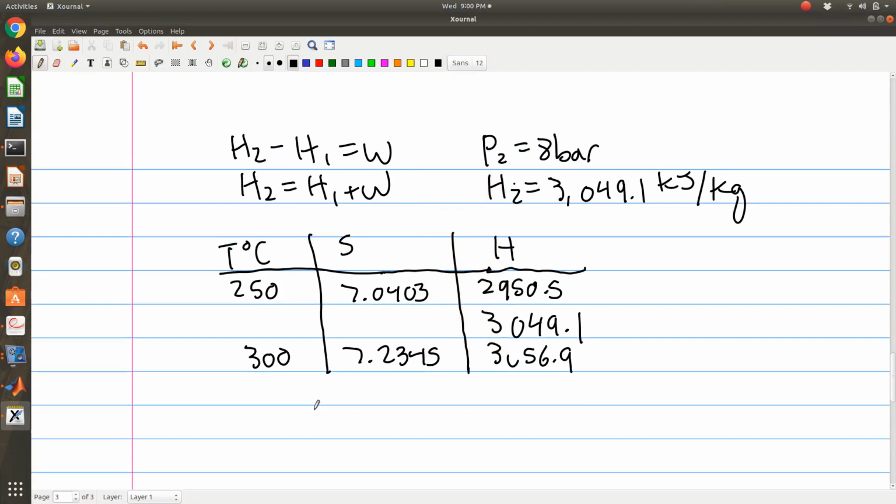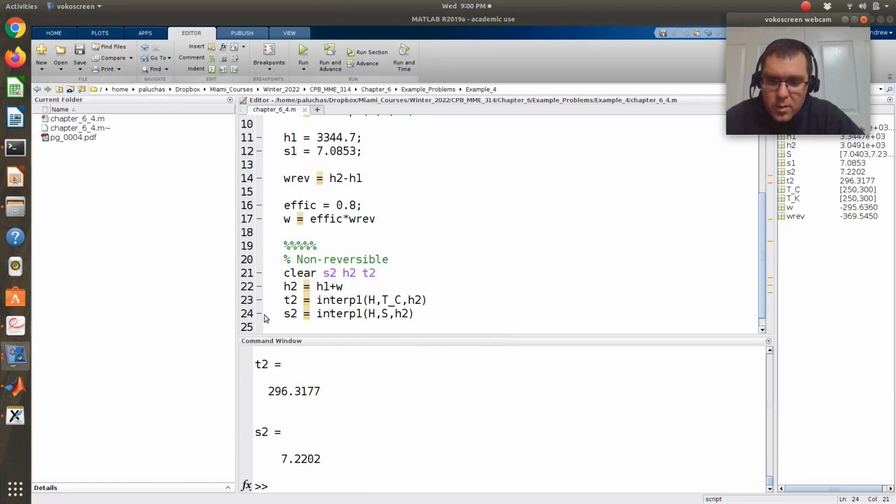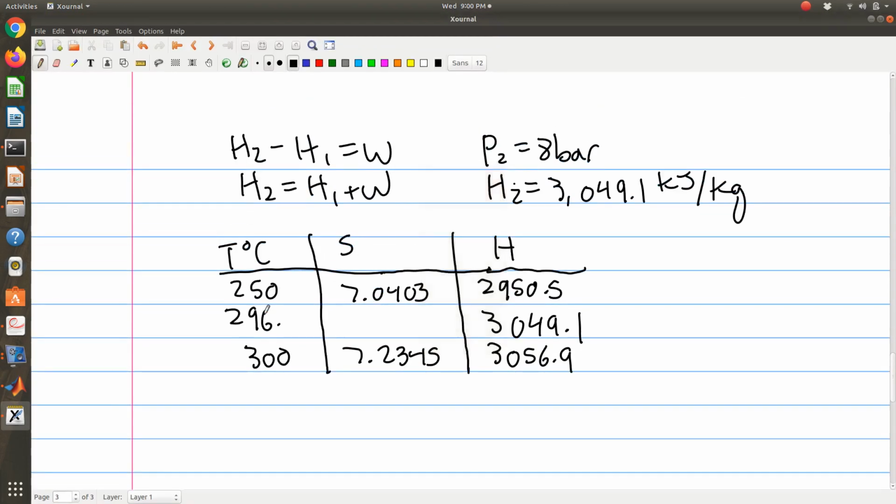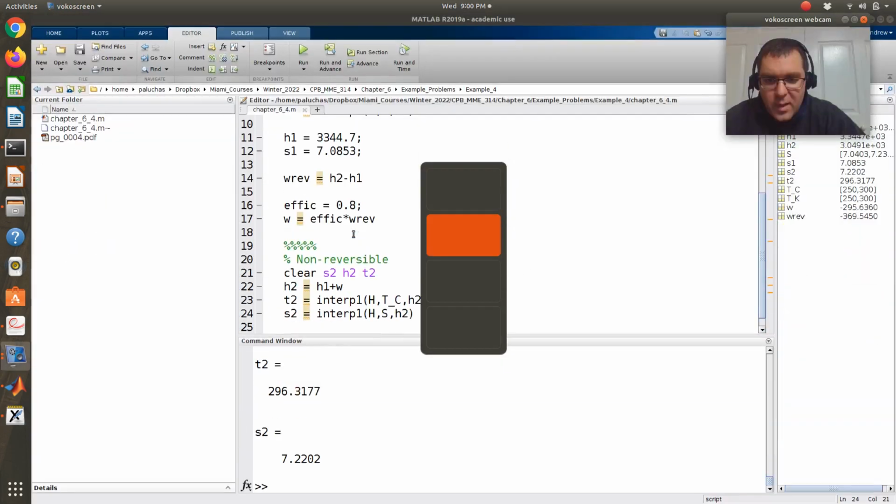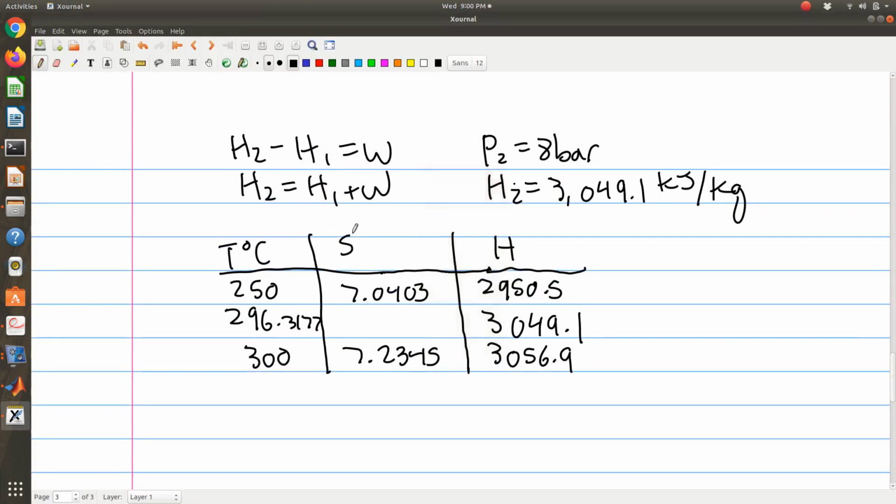Our temperature is 296.3177, and my entropy is 7.2202. This corresponds to our new state 2.